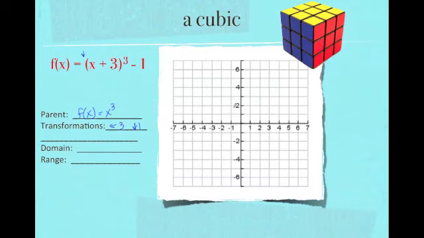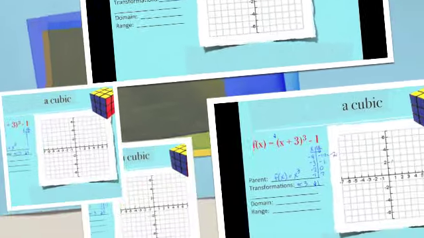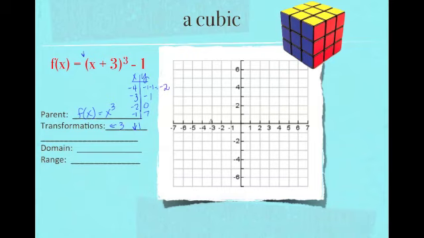The domain, well, let's graph it first. If I put numbers in here, you could use your calculator. I can't show you mine, so I'm just going to put some numbers in. So now I have my points, so I'm going to plot them.